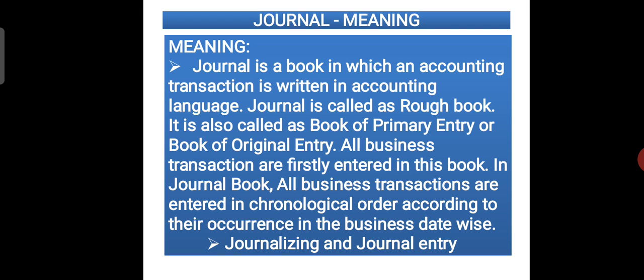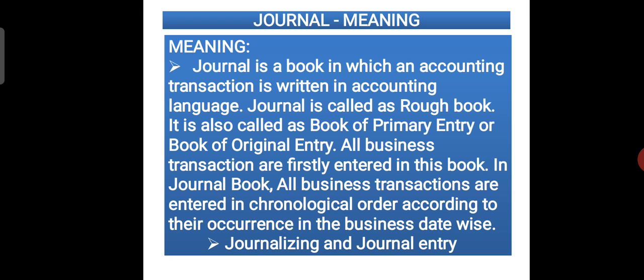In the journal book, all business transactions are entered in chronological order. Means we record the business transactions in a chronological order, in a historical order, in sequence: first transaction, next second transaction, third transaction, like that.